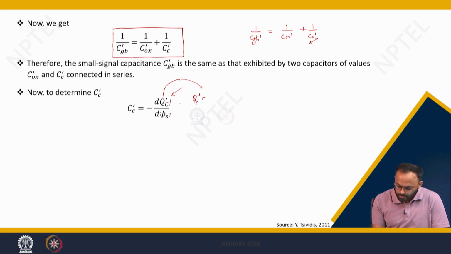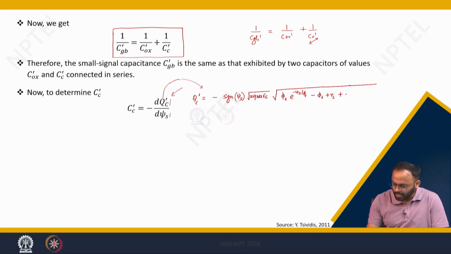We said that QC dash is equal to minus signum psi s times the square root of 2q Na epsilon s times phi t e to the power of minus psi s by phi t minus phi t plus psi s, plus e to the power of minus 2 phi f by phi t times phi t e to the power of psi s by phi t minus psi s minus phi t.